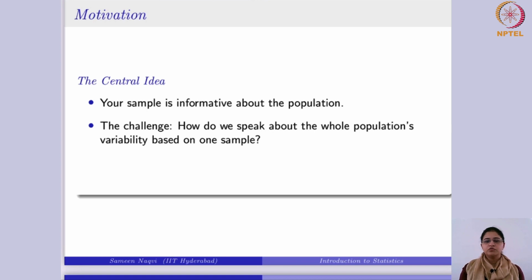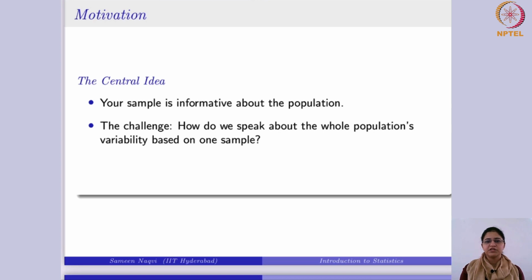We want to make generalizations about the population based on the sample that we have selected, right? Now, when we do that, we often face uncertainty, right? Because how much can we expect our sample estimate to vary if you are going to take a new sample, right?